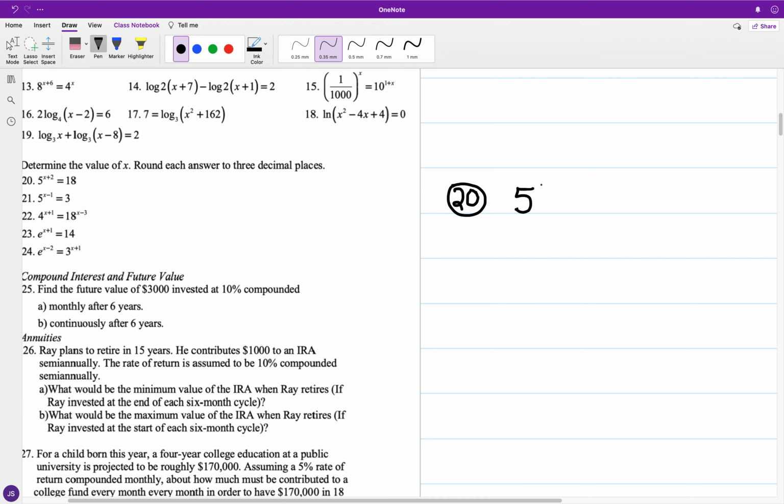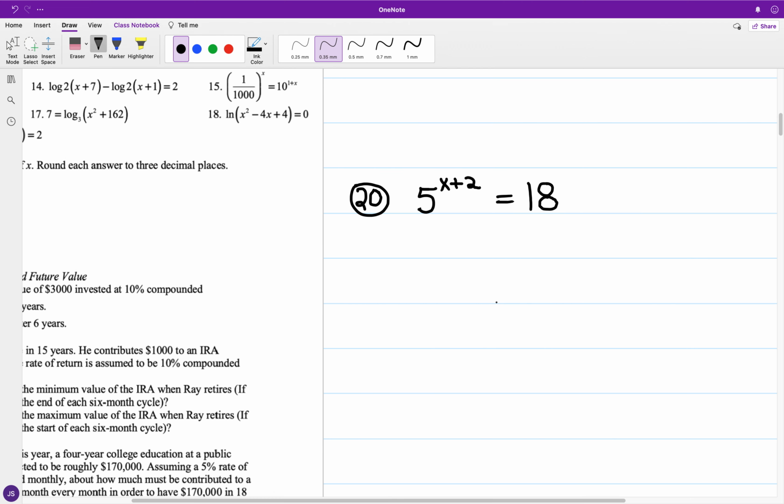If you have the variable in exponential position and only on one side of the equation, it can be advantageous, for lack of a better term, to create the pathway that will lead to the change of base formula.